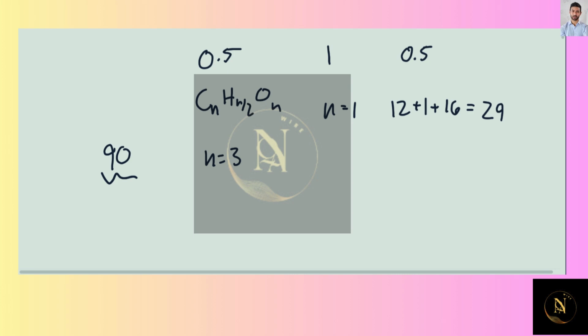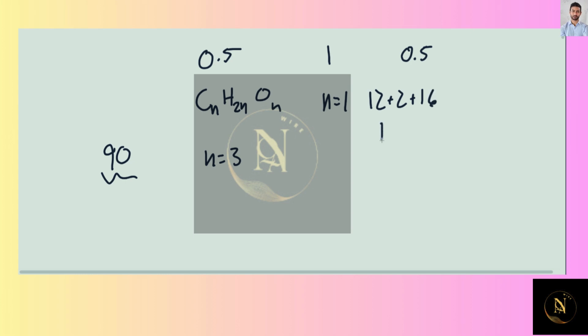Oh, I see I made a mistake. This is actually supposed to be 2n. There we go. That makes more sense. So given that that's 2n, if n equals 1, we should have 12 plus 2 plus 16.